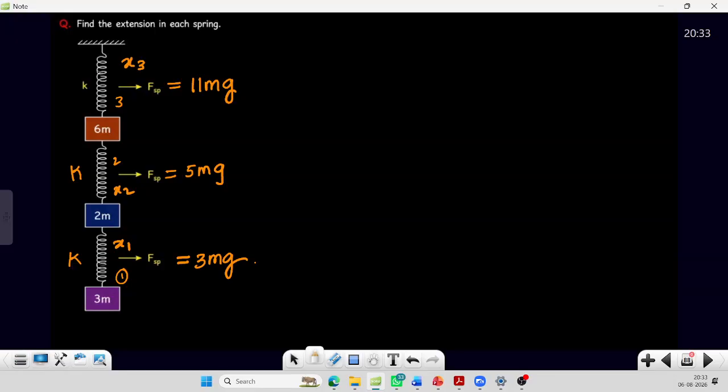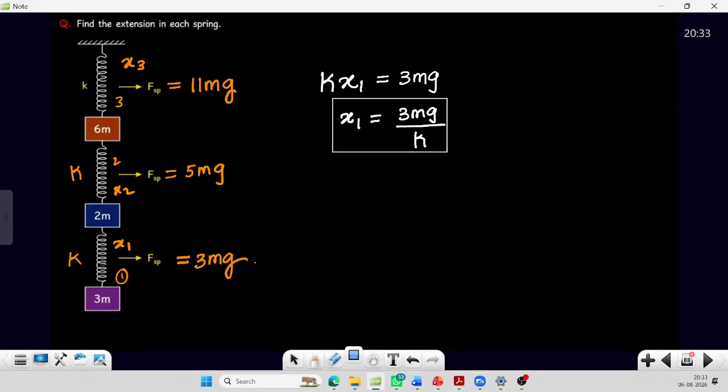Now you can see here, the spring constant K into x1 equals how much? 3 mg. So how much is x1, the elongation of the first spring? 3 mg by K. This is the elongation in the first spring.